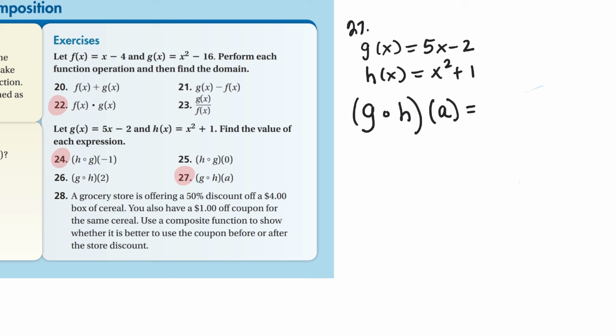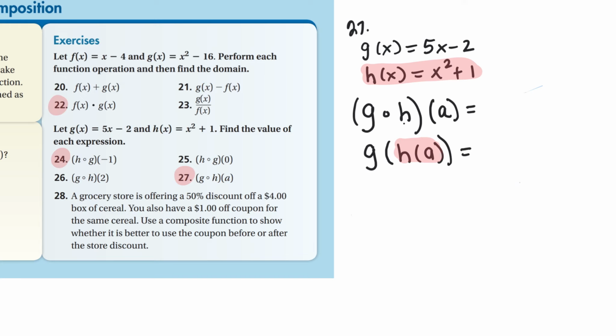Okay. So let me go ahead and do some rewriting here. I have g, parentheses h, a. So let's take a minute and figure out what we have to do first. We got to look inside the parentheses, and I'm going to highlight that. You have function h that will take the input of a.